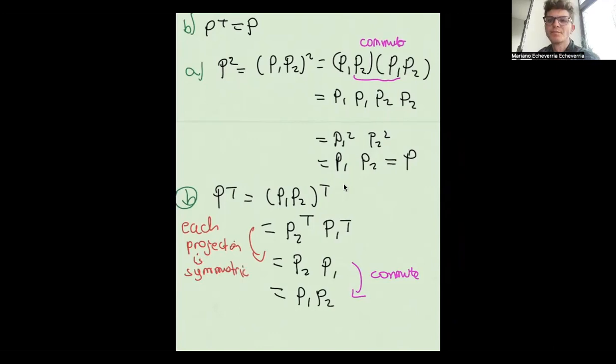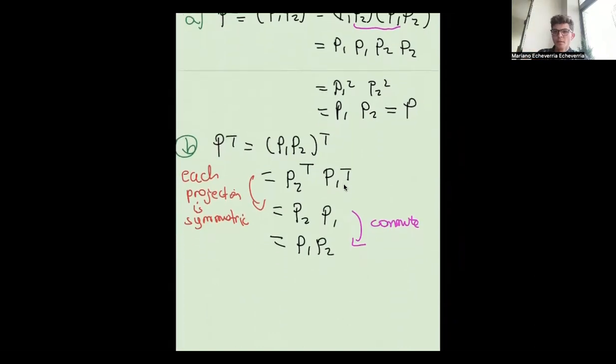Is that making sense? So that's essentially how you check that the product of these two projection matrices gives you a new projection matrix, assuming that the projections commute.